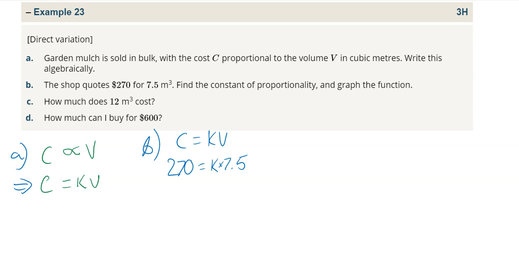Great. K times 7.5. We will divide, so 270 divided by 7.5. And remember that was dollars divided by 7.5 meters cubed, which is going to equal something in dollars per meters cubed, essentially.